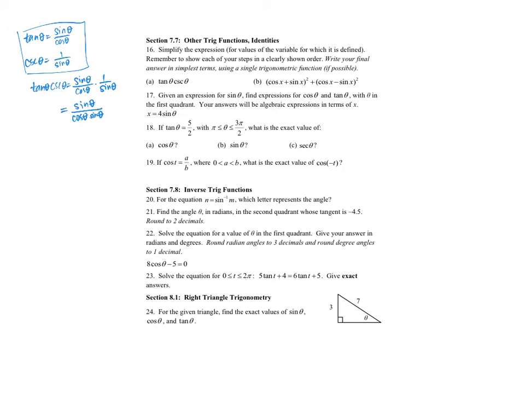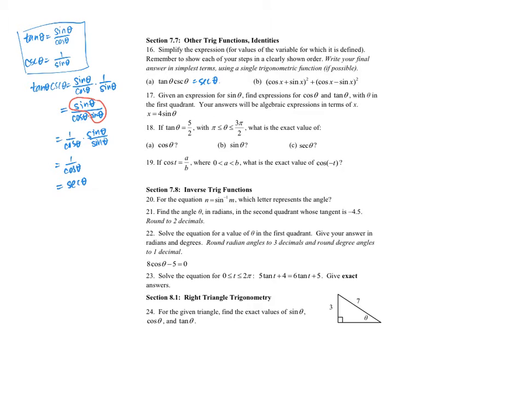Then I notice that since there's multiplication going on down here, it's essentially multiplying by sine theta over sine theta. So that's going to be 1 over cosine theta times sine theta over sine theta. And this is 1, so that's equal to 1 over cosine theta. And 1 over cosine theta is secant theta. So this is secant.